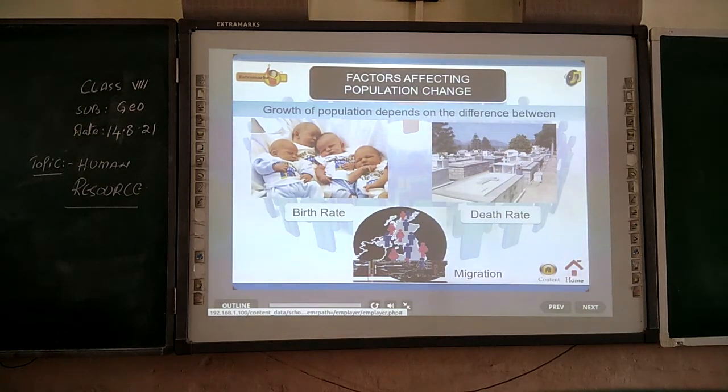Let us define all these three factors: birth rate, death rate, followed by migration.